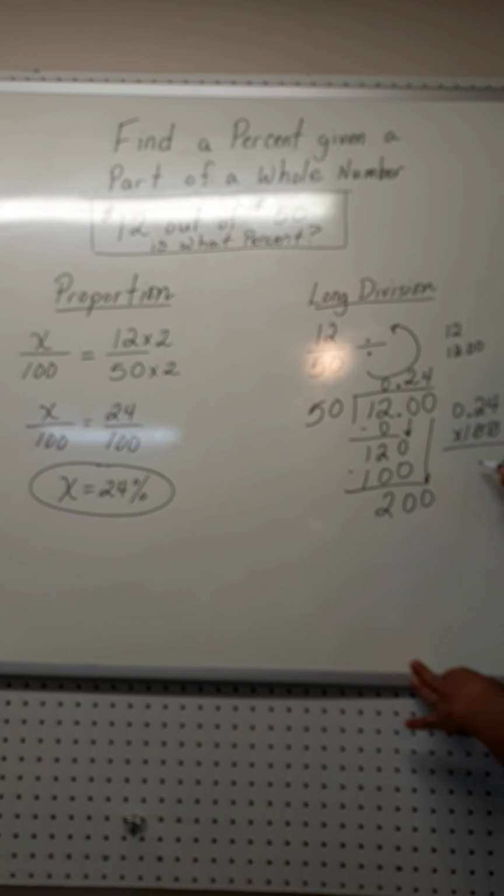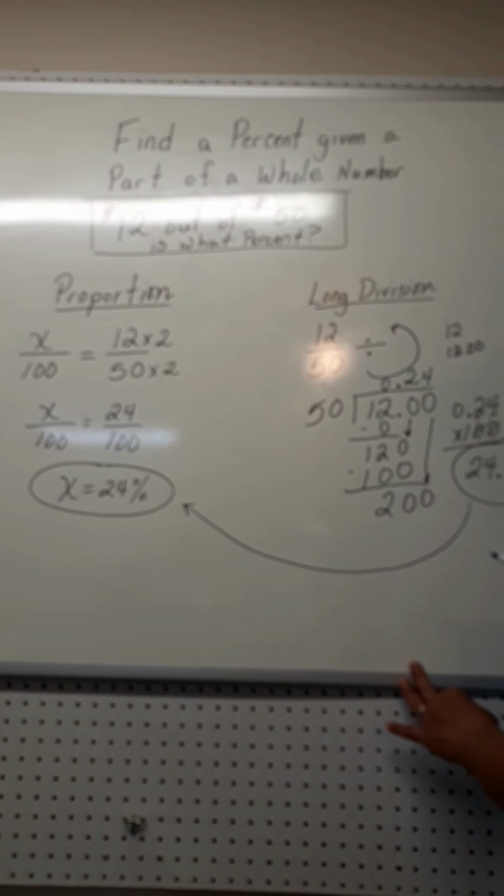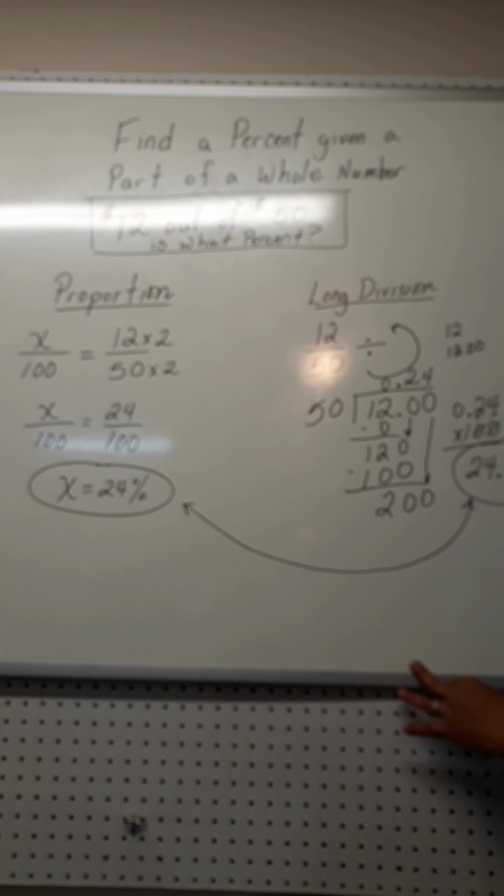Now I get 1 times the 24, and I had two digits behind the decimal, so I underline 2 from the far right, and there it is. So now I get this same answer through long division as I did with a proportion as 24%. Hope this helps.